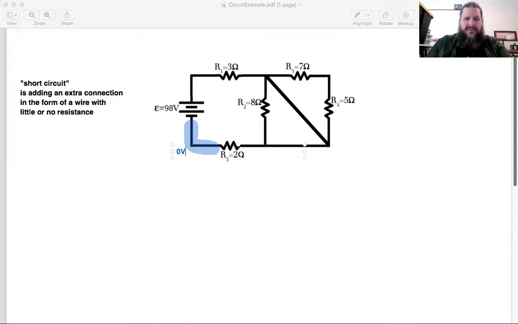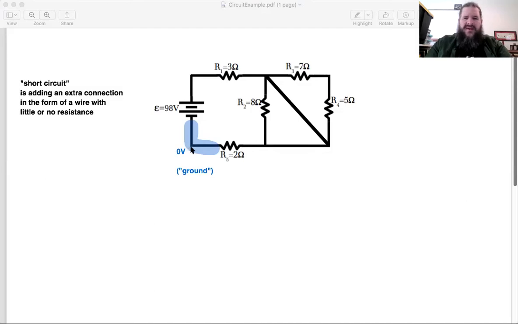Yeah, let's call that 0 volts. And of course, it doesn't have to be 0 because voltage is kind of arbitrary, but it's usually convenient to call the location right before the battery 0 volts. And that's also often referred to as ground. Ground just means the location we're calling 0 volts.